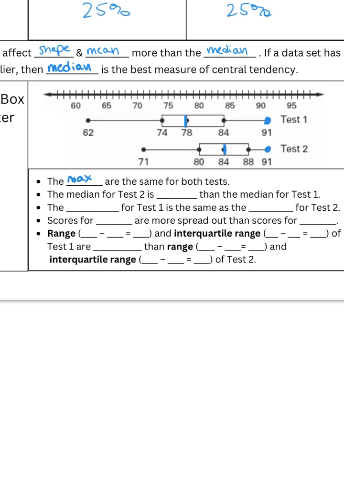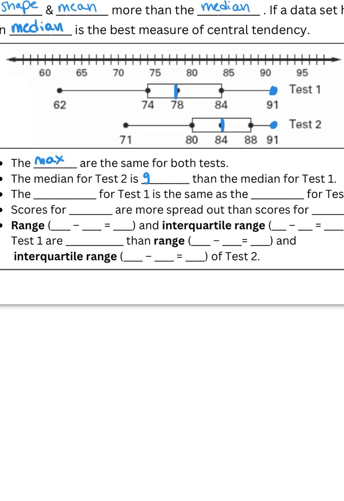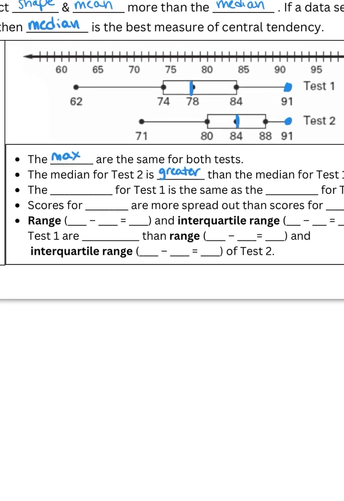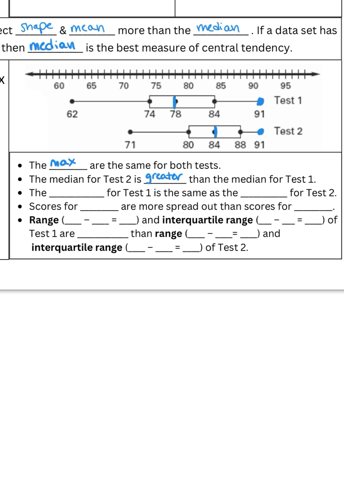So test 2 is greater than test 1. What for test 1 is the same as something for test 2? I would say that the Q3 for test 1 is the same as the median for test 2.